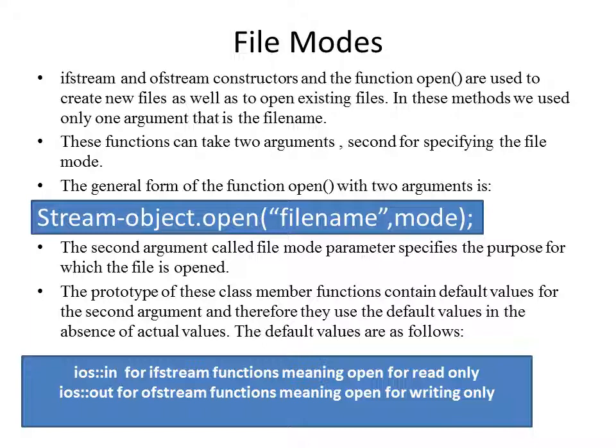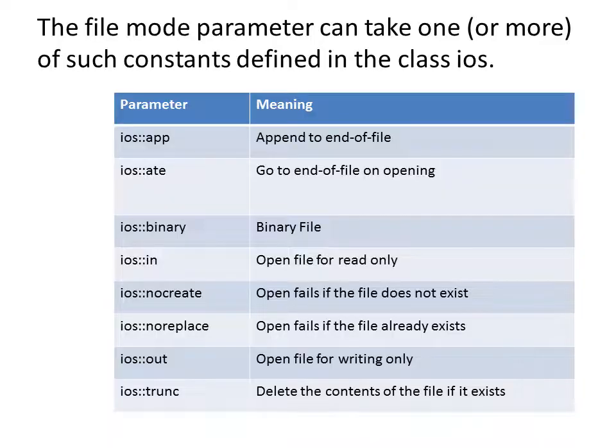But there are many more modes which will help us in programming, and with which we can manipulate the file according to our need. All these modes belong to one class, that is the ios class, and all these are members of that class. You can read all these bulleted points, you will be able to understand the material. So here is the list of all the parameters.